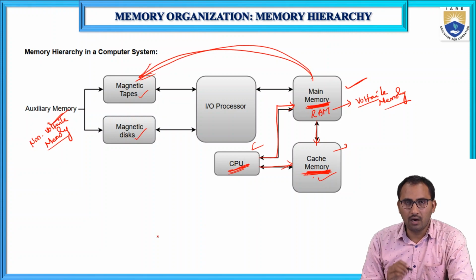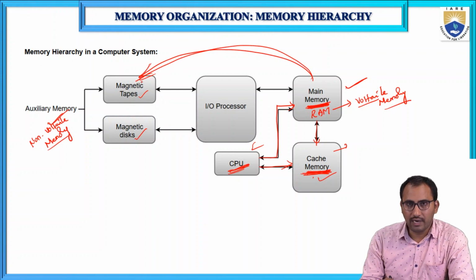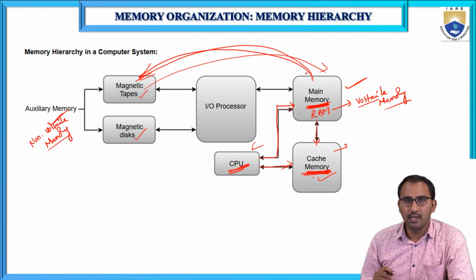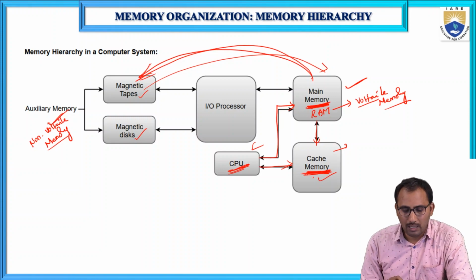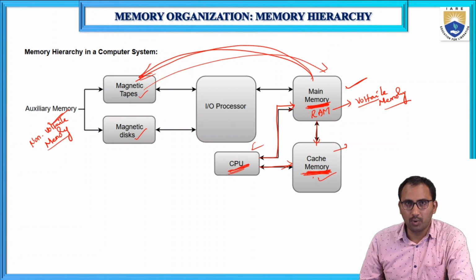If it is available in the auxiliary memory, then the required programs will be transferred to the main memory. In this way, the programs and data get executed from the main memory. So this is about the memory hierarchy in a digital computer system.